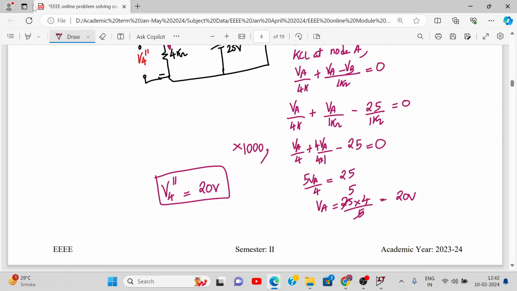So if we multiply by 1000 throughout, this kilo will disappear, so this 4 remains. So this will be 1000 VA divided by 4000, 1000 VA divided by 1000 minus 25,000 divided by 1000. So that's how we got this. From this step to this step, you have understood?